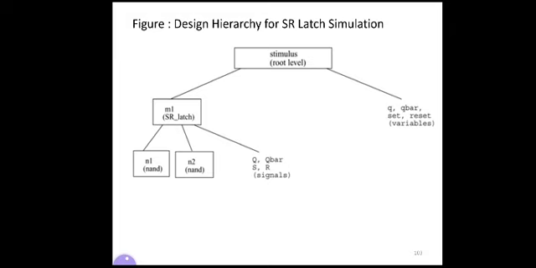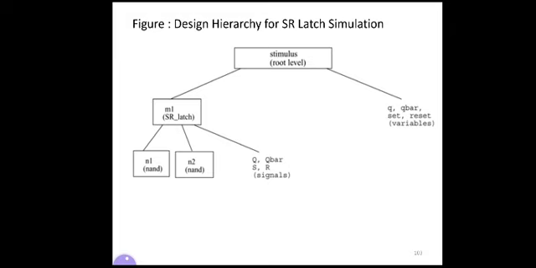The name of the instance is M1. Under M1 again we have two different levels, N1 and N2, then again Q, Q bar, S, R. All these are under one level. Under the stimulus root level, we have another path, that is Q, Q bar, set, reset. So these are the variables.